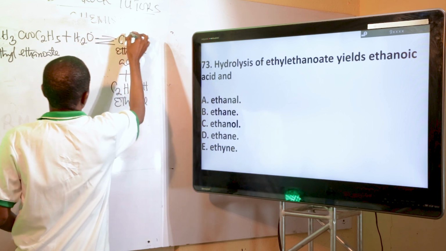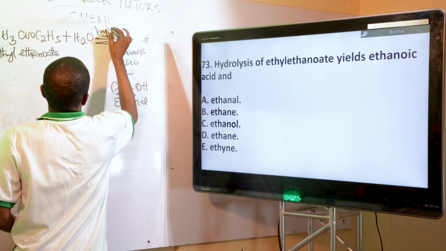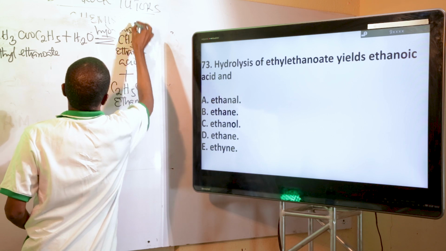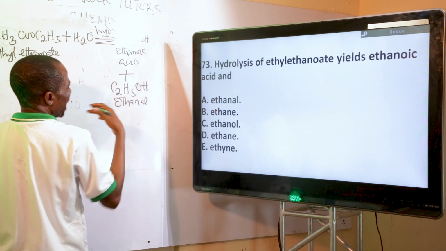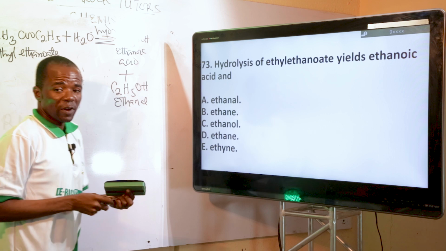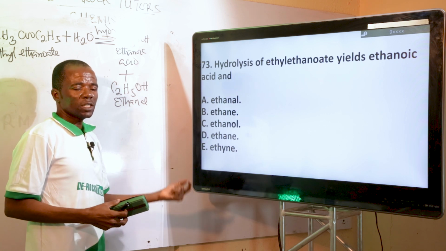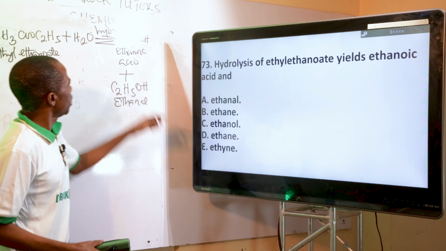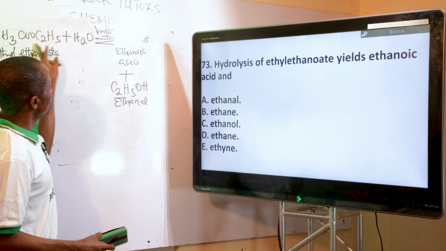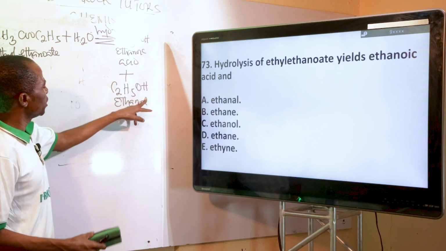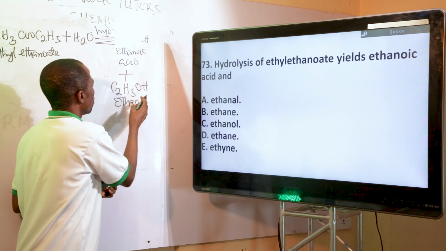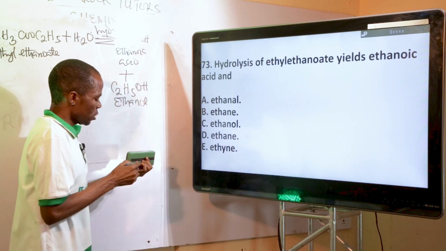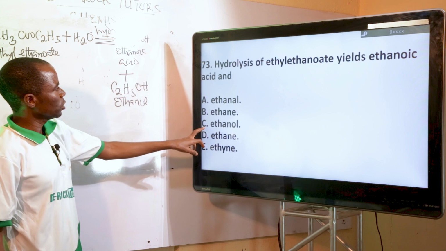So the forward reaction here is hydrolysis. Don't forget, the backward reaction is esterification. The reverse reaction of hydrolysis is esterification. So hydrolysis of ethyl ethanoate will produce ethanoic acid and ethanol. So the correct answer for this is option C.